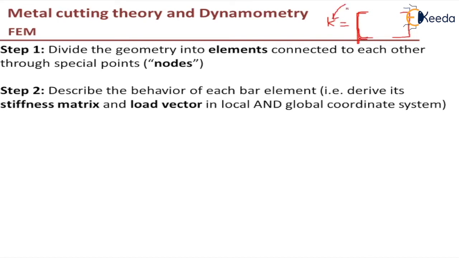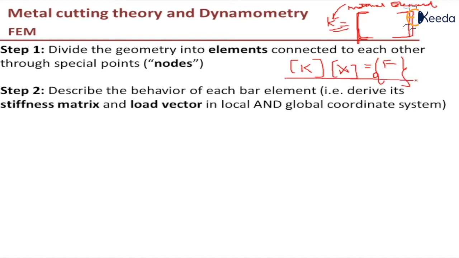This also depends upon the material, and on the element which you are choosing for solving the problem. This is called a stiffness matrix, and then you have a load vector, and then you have a displacement.